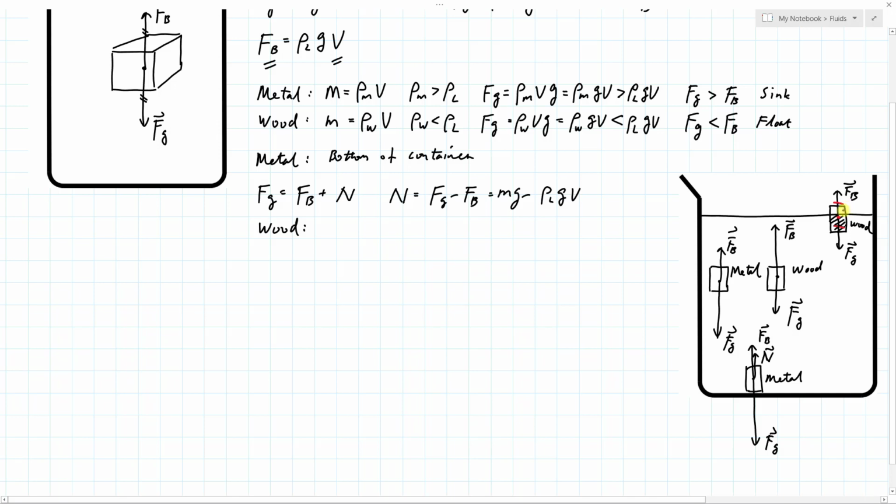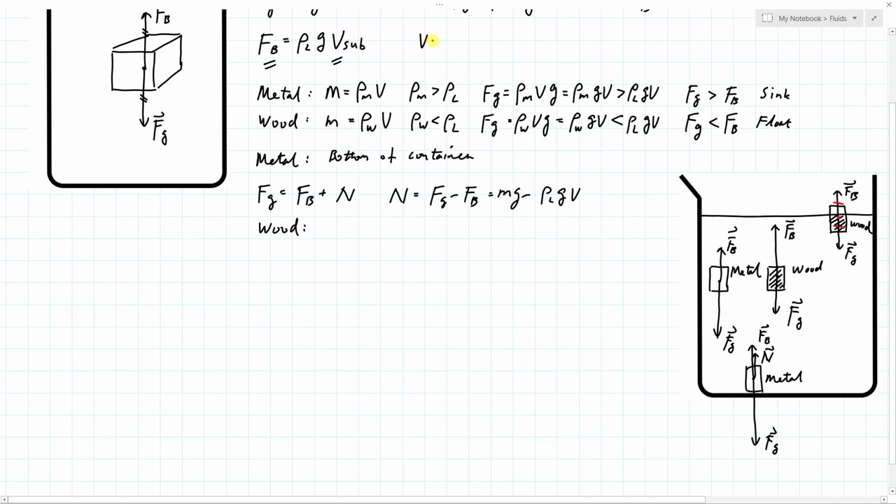Okay, so what we're seeing here is, this is the total volume, and only part of the volume gets submerged, right? So that apparently receives less buoyancy force, because buoyancy force here is proportional to the volume submerged, right? So let's use a subscript.